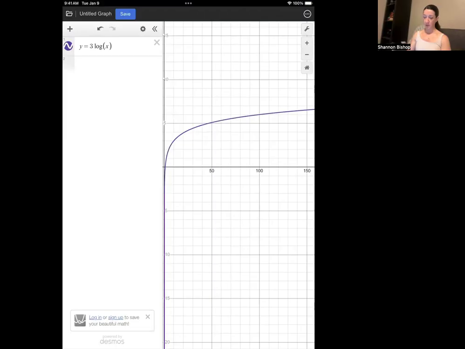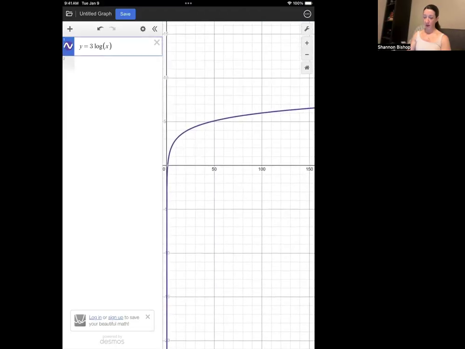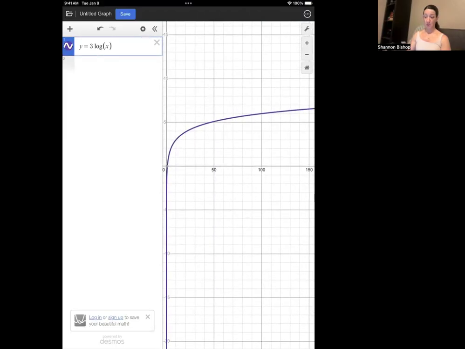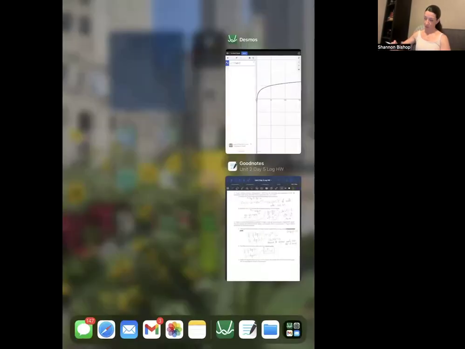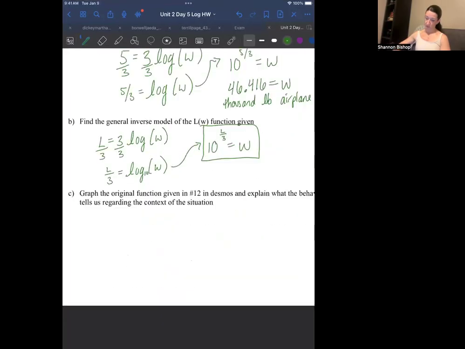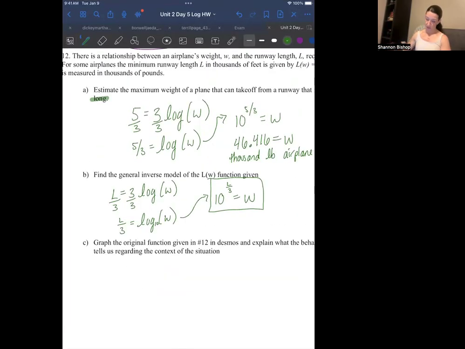So it's steepest in the beginning of the curve, and then it gets progressively less steep as the input increases. So when I sketch this, I'm just going to do a rough sketch of what I saw. It increases, but it's called concave down. We'll talk more about that in the next unit.